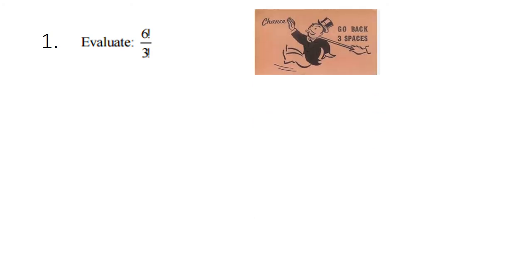In order to do this problem, we are going to think back from yesterday. Yesterday, in order to write this factorial, 6 factorial, we wrote it as 6 times 5 times 4 times 3 times 2 times 1. And then we put that over the bottom factorial, which is 3 times 2 times 1.